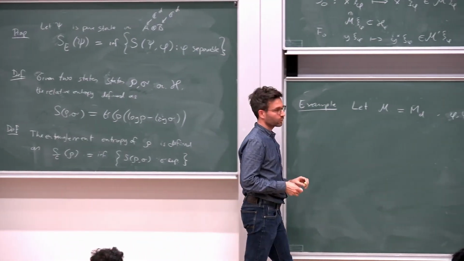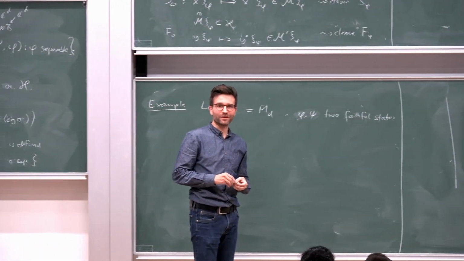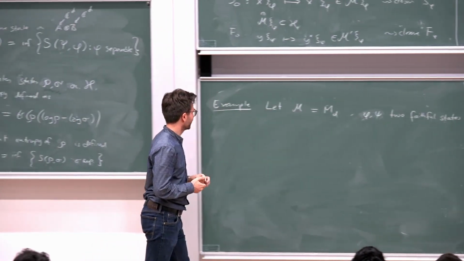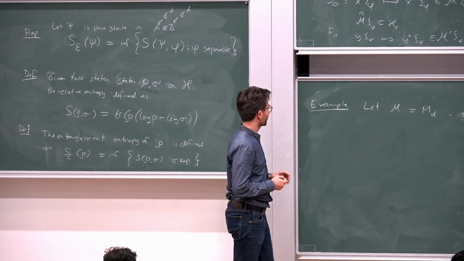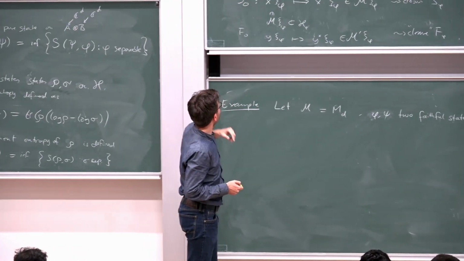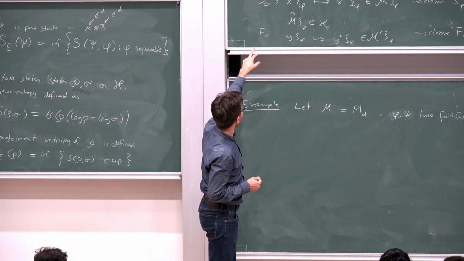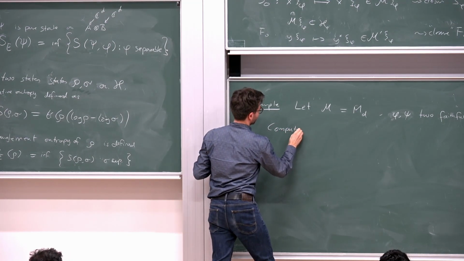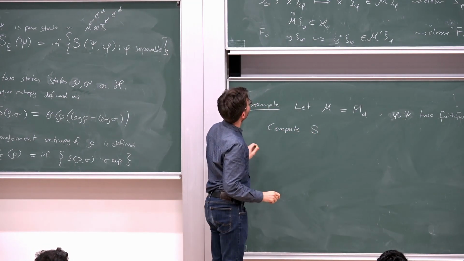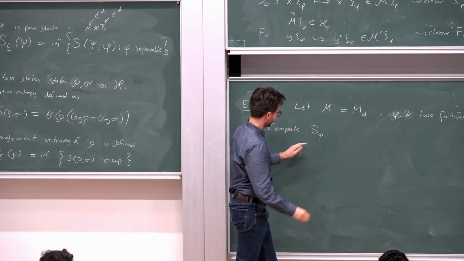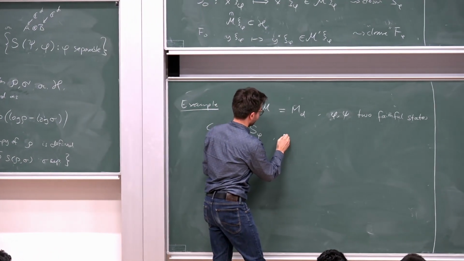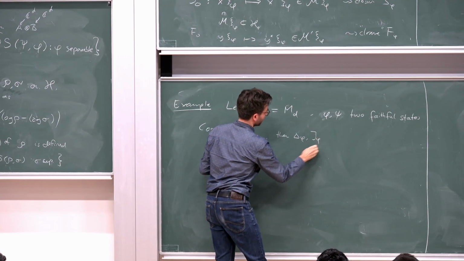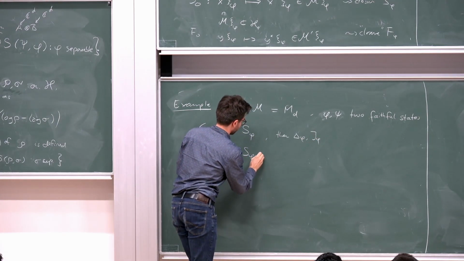So can we now compute this? I wanted this to be an exercise, so maybe I should give you 2 minutes to think about how to compute the operator S. So compute S, maybe S phi, and then delta phi, J phi, and also the relative ones.